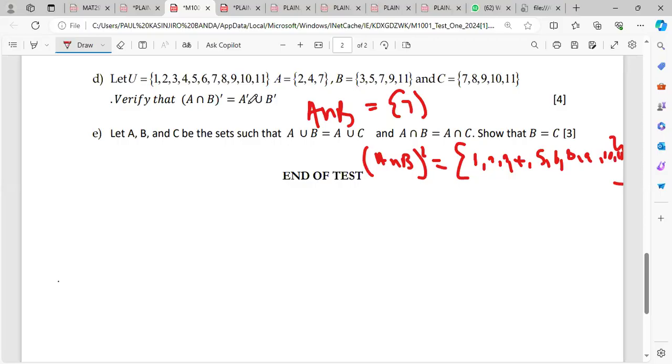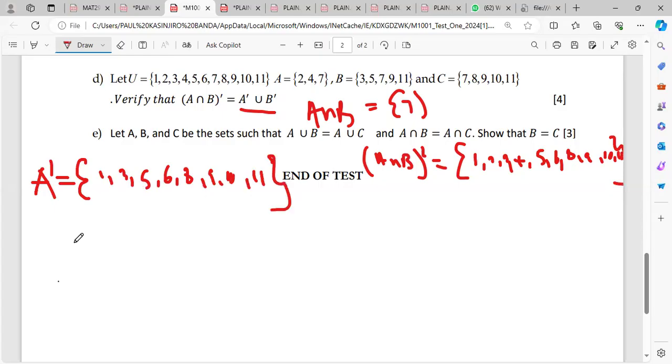Then we prove that it's equal to A complement union B complement. So first we are going to find our A complement. A complement is all the elements that are not in A. So meaning 1, 3, 5, 6, 8, 9, 10, 11.